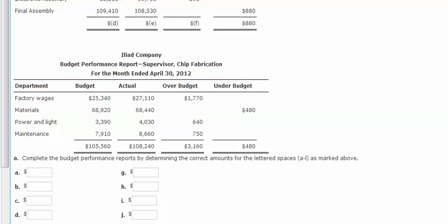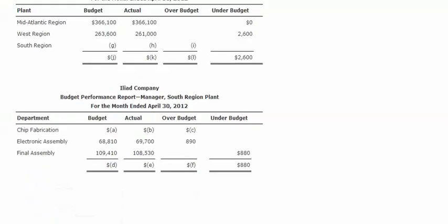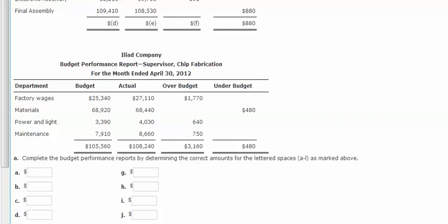So that would go here, 105,560. And B, we can go to the actual. Looking at the actual amount is 108,240.